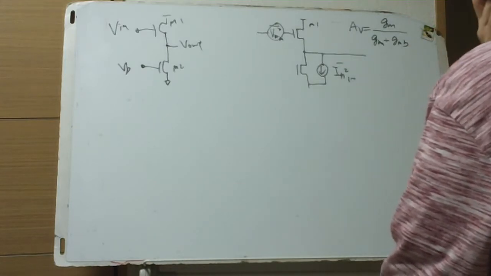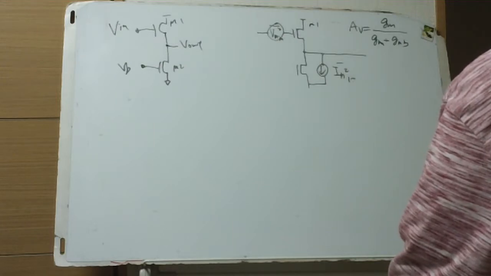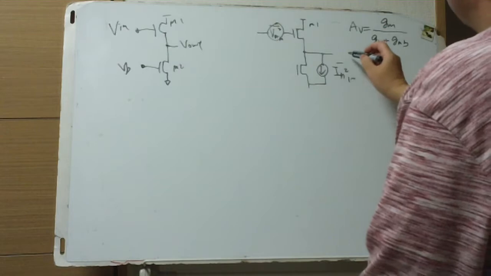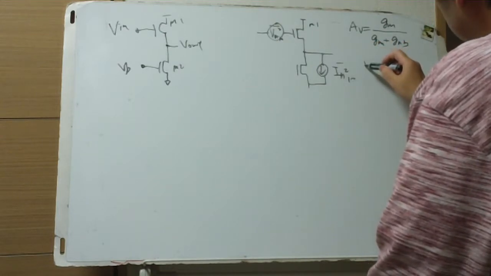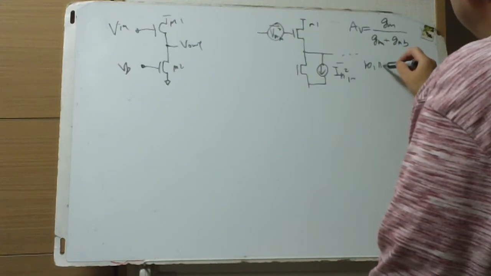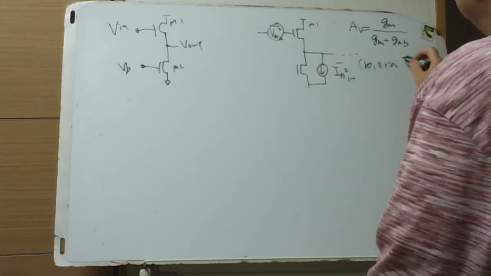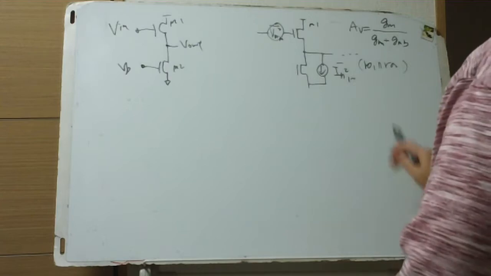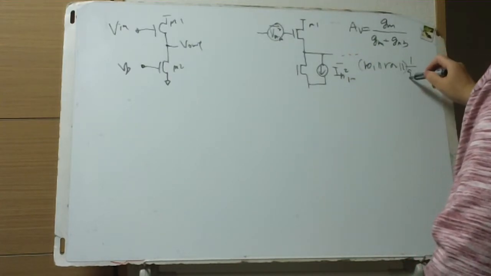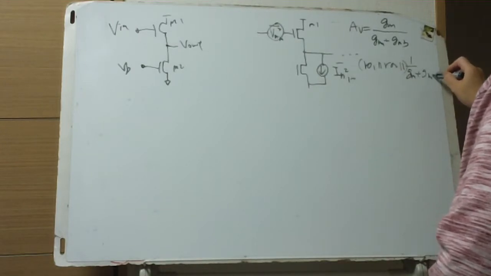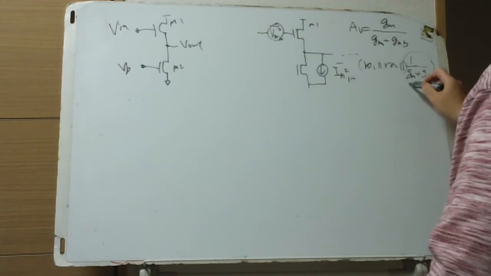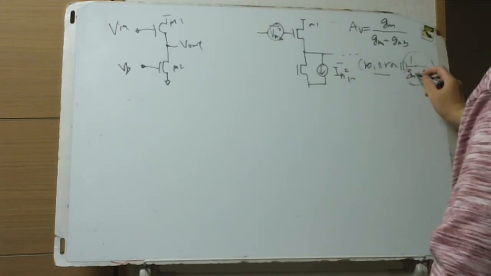Simply, output resistance is neglected at first, but actually there's RO1 in parallel with RO2 there, but we can neglect it, and also 1 over gm plus gmb, which is even smaller and negligible.